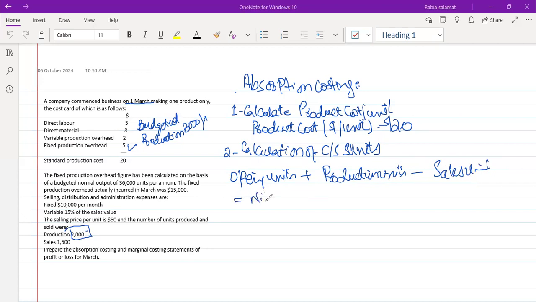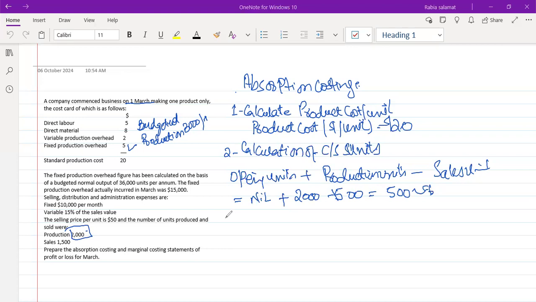It is nil because the company is in its first year of business. Production is 2,000 and sales is 1,500. We have 500 units closing stock. 500 units are in your closing stock.